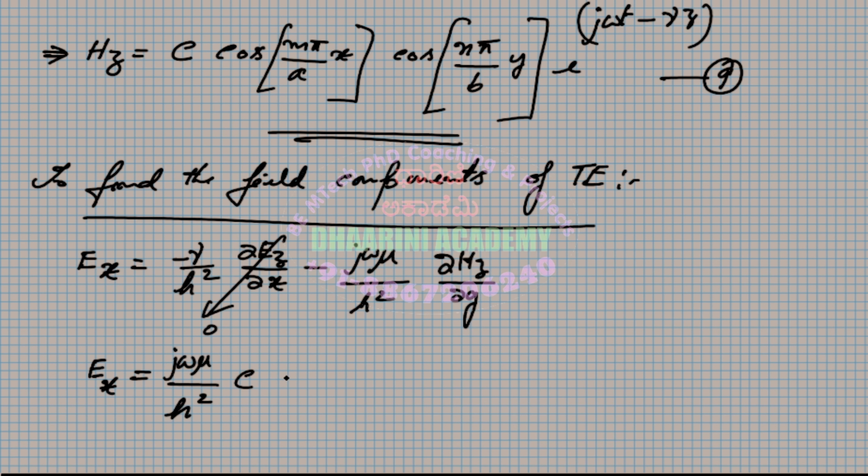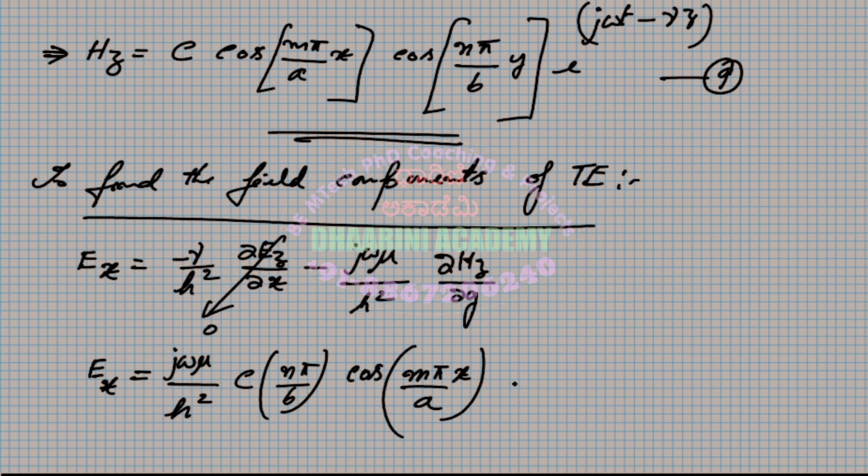When I differentiate, I am going to get this term as a constant, that is n pi by b. Look at equation number 9 and differentiate that with respect to y, and I am writing this answer. The first term is constant, so I have cos of m pi x by a, and the second term is differentiated, and we get sine.